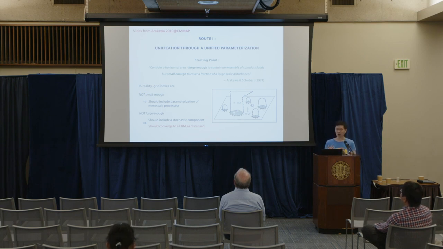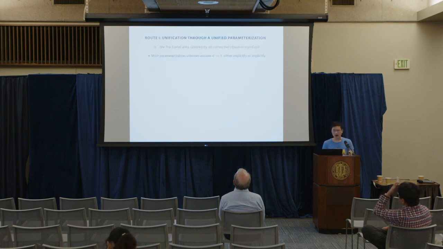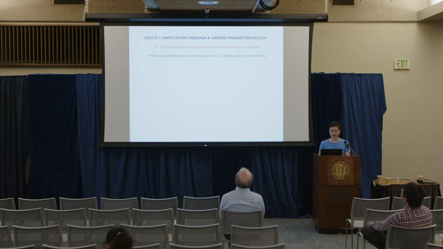But as Dave said yesterday, we're always in the gray zone, so we always have to deal with this cannot-cut-it-clear problem. The unified parameterization tries to unify by changing an assumption, the convective object fraction.